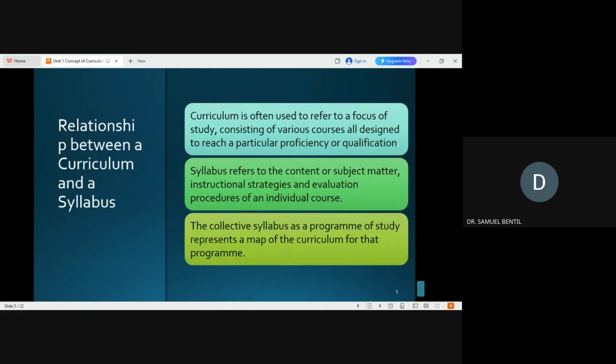The curriculum is often used to refer to a focus of study consisting of various courses, all designed to reach a particular proficiency and qualification. However, syllabus refers to the content or subject matter, instructions, strategies, and evaluation procedure of an individual course. So the collective syllabus as a program of study represents the map of the curriculum for that program.